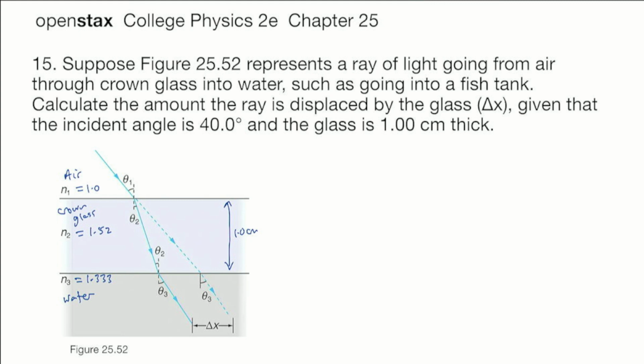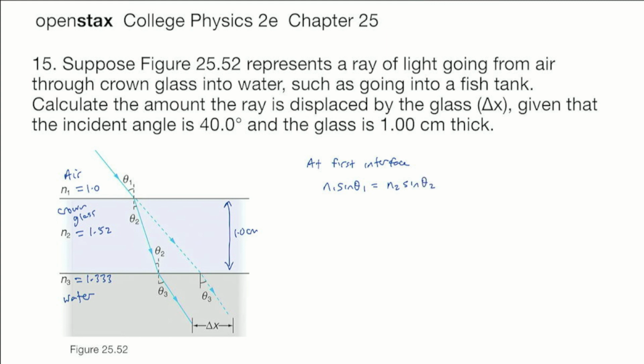All right, let's take a look at what happens at the first interface. That is between air and glass. We can use the law of refraction. And so N1 sine theta 1 is equal to N2 times sine theta 2.